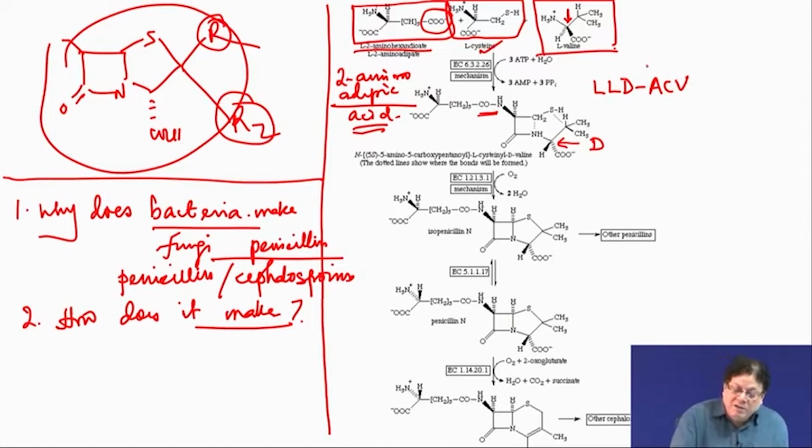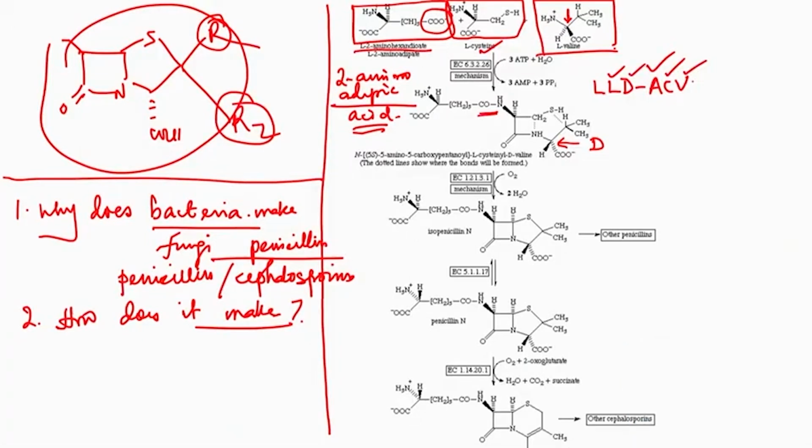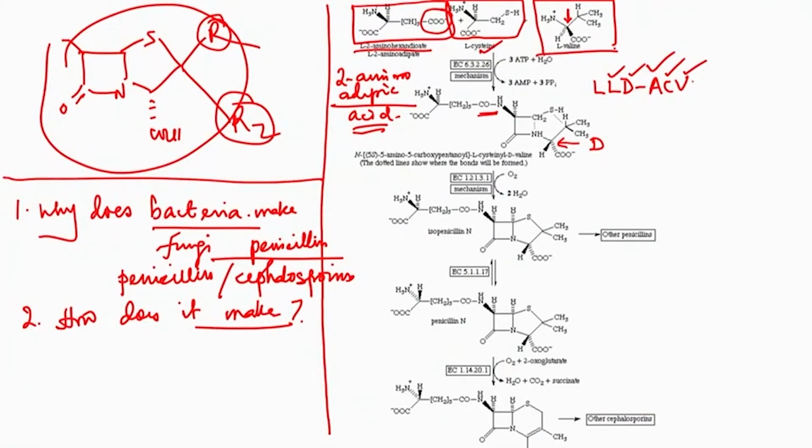L for this A, L for this C cysteine and D for V. Okay. Full name is L alpha amino adipoyl L cysteine D valine. But you cannot write all the time this big name. So, LLDACV.